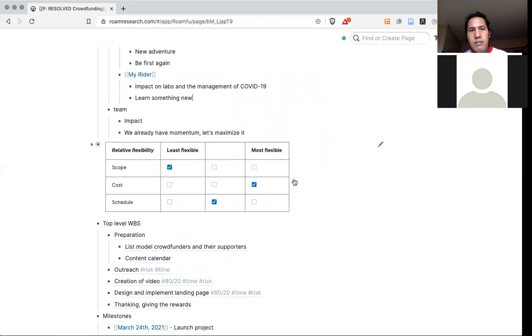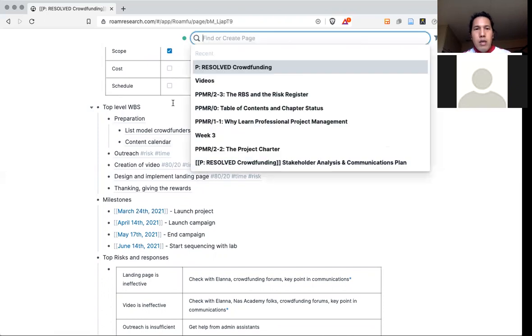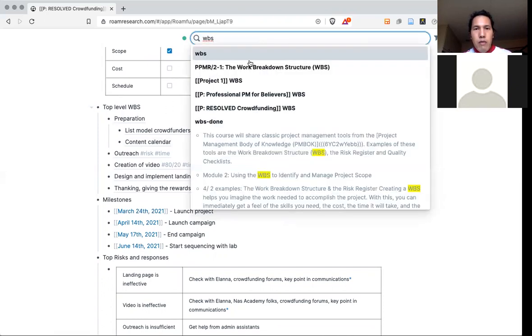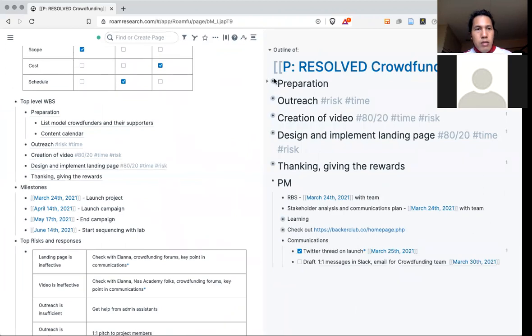You start where you can do it easily, and then you focus later on the harder parts. Yep, because this one was easier for me to do, the WBS and the block reference. This is the WBS of that project, and I just created this first before placing it here.